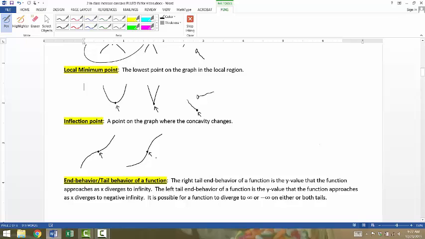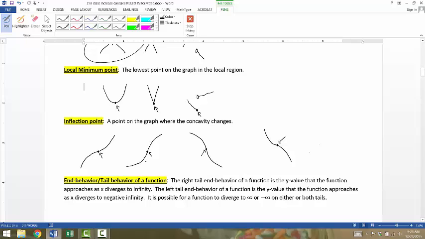The point where it changes concavity is the inflection point. Another example, it could be decreasing concave down, then it could change to decreasing concave up. The point where it changes concavity is the inflection point. And lastly, it could be decreasing concave up, then change to decreasing concave down. The point where the concavity changes is the inflection point.